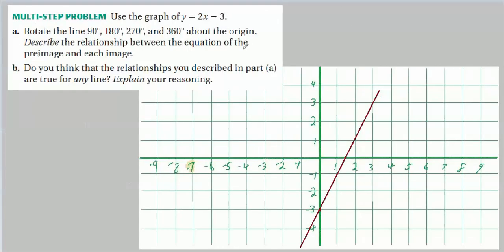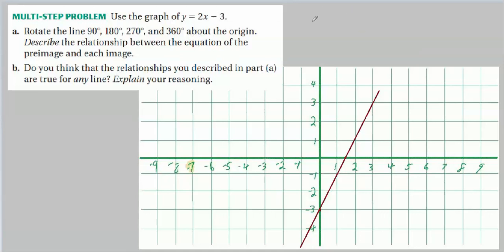Now here we have an interesting problem that involves rotating a line about the origin. We're given the equation of the line, y equals 2x minus 3. We're going to rotate it, find the equation for the new rotated line, and then talk about what we just did.